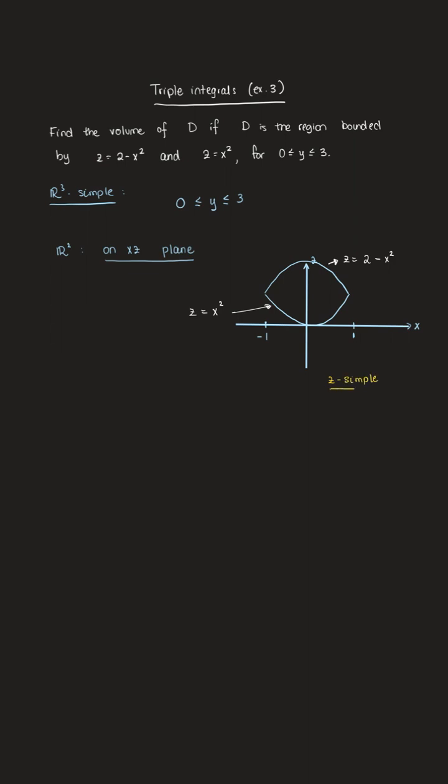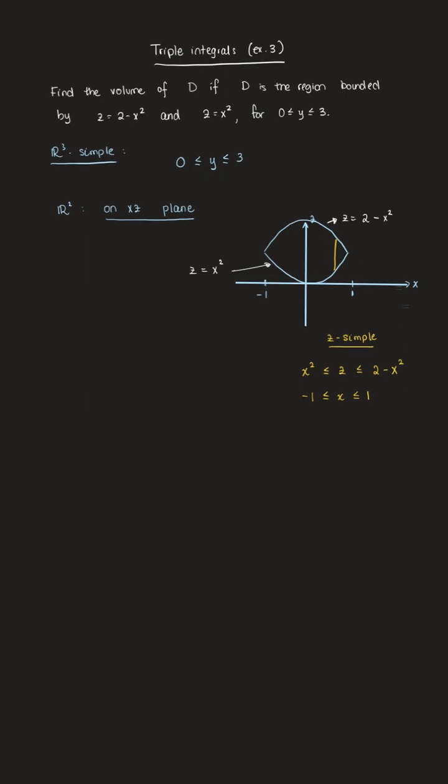So z is enclosed between two curves: x squared is always below z. So we have x squared is less than or equal to z, and the top function is 2 minus x squared. And we already know that x is between -1 and 1. And so we're ready to set up our triple integral that calculates the volume of our region.